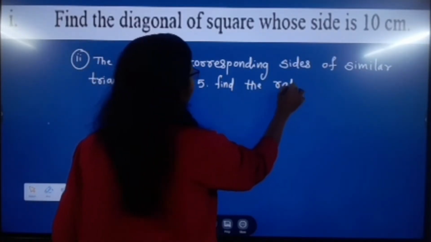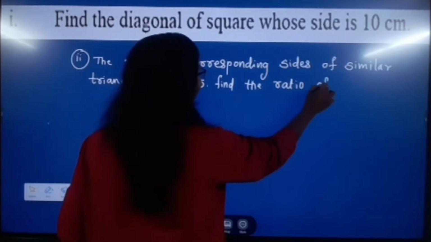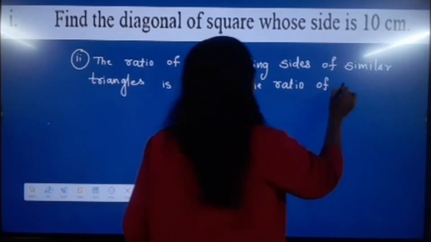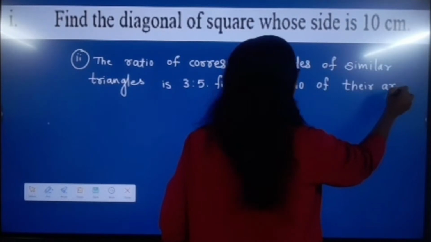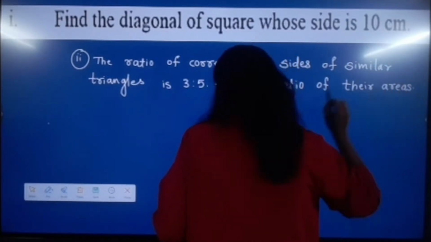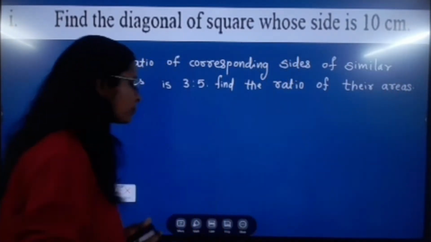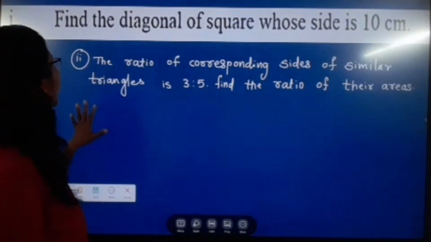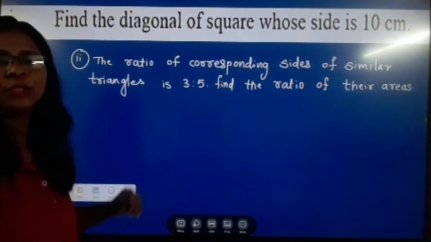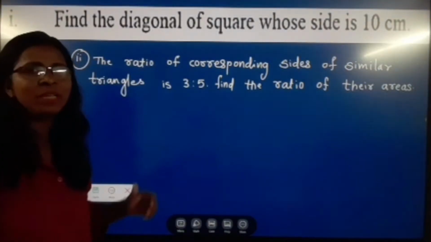Find the ratio of their areas. Okay, students? Yes, this one is the second question, the second example, because it got mixed up.